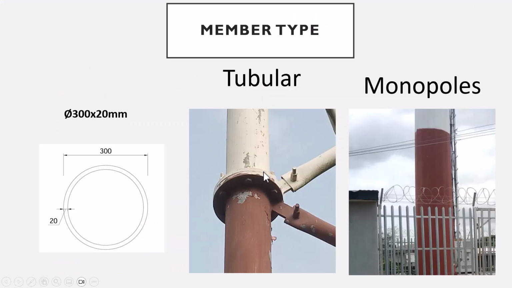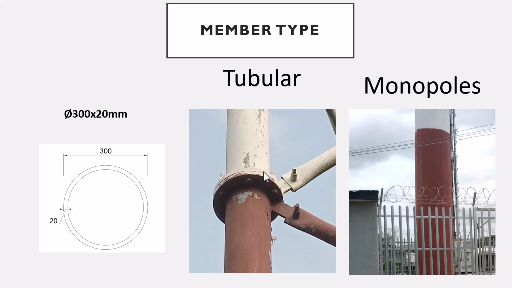So moving on, we'll be looking at the tubular sections. Like I said earlier, our tubular sections and our monopoles are most likely in the same category. Why I had to separate them is because monopoles stand on a single leg, whereas the tubular towers could be three-legged or four-legged, interconnected together, depending on the case.